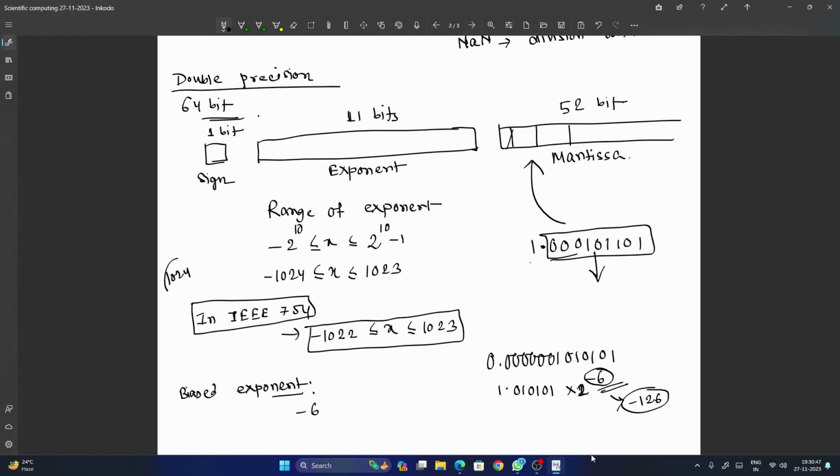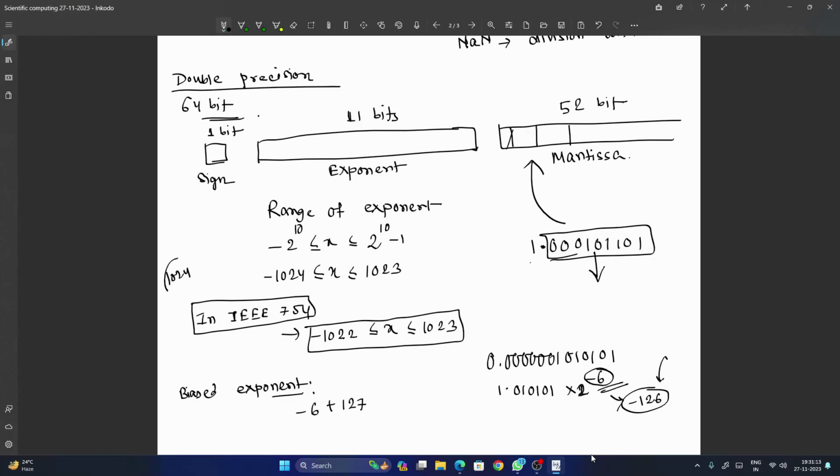So for the biased exponent in the 32-bit system, we add 127. That is the adding factor. Whenever a negative sign comes, just add 127 and it will always make it positive, because the minimum negative number you can get is minus 126.